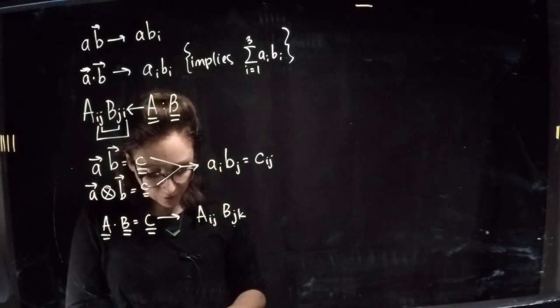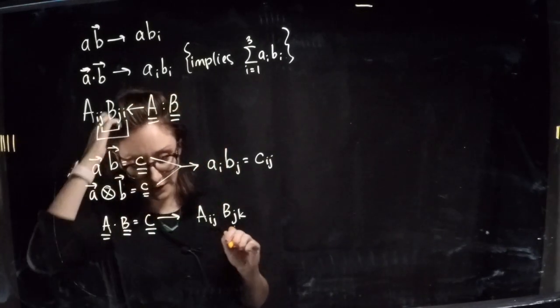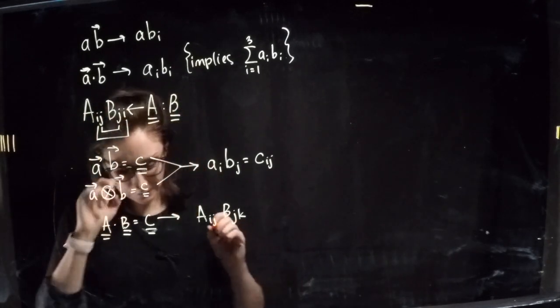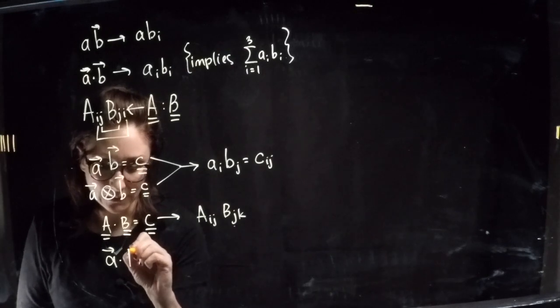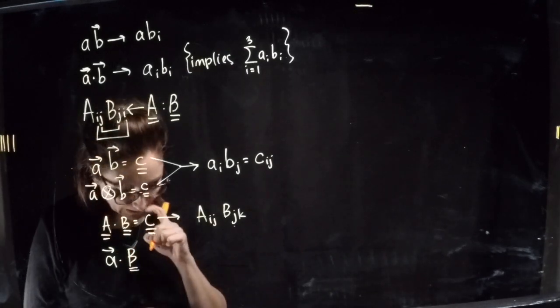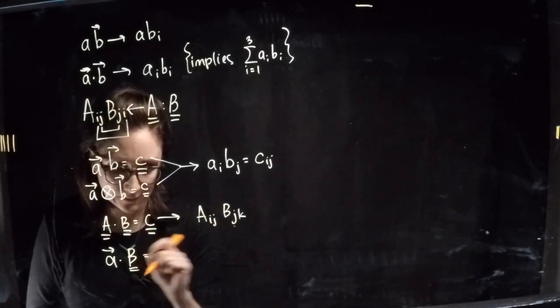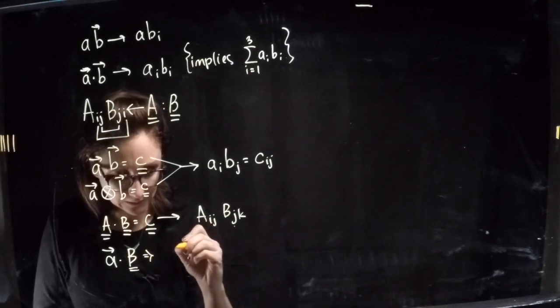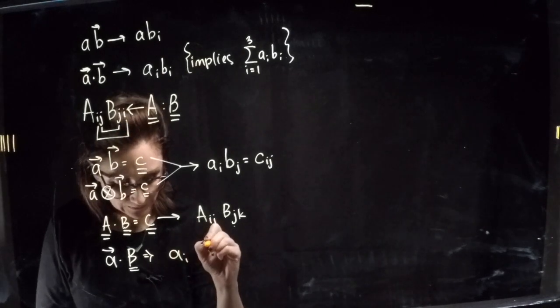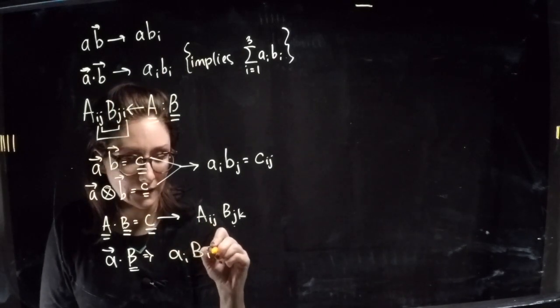Okay, then we can also have a vector product of a tensor and a vector. So if we have the vector A acting upon the tensor B, this is going to give us a vector, and we can see that by writing this out in index notation. So we have A_i and then B_ij.